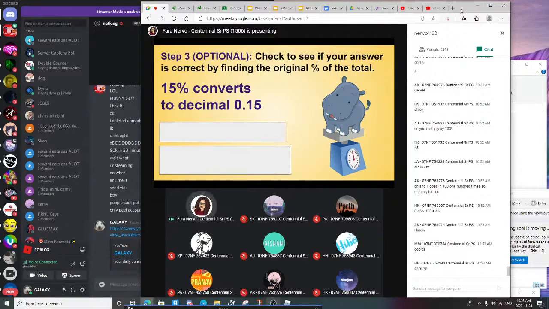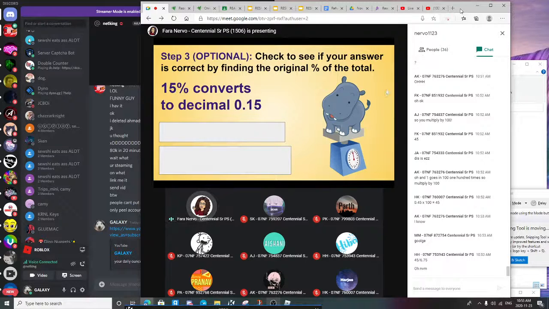Not exactly. If we think that 45 kilograms is how much the hippo weighs, and we are told in the beginning that 15% of that weight is 6.75, then let's find out how much 15% of 45 is. So for 15% of 45, we make it into a decimal, then multiply it by the total, 45, and look at that, we get 6.75.